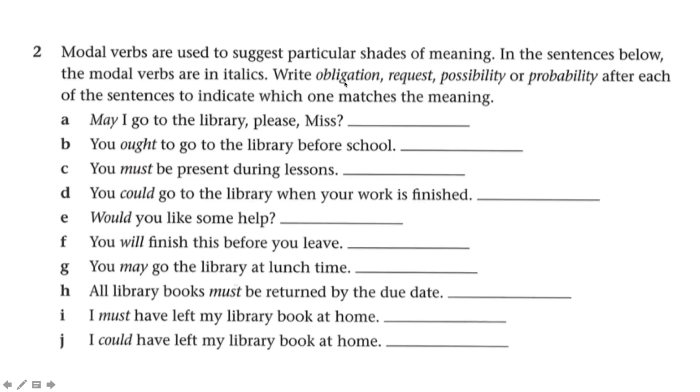Write obligation, request, possibility, or probability after each of the sentences to indicate which one matches the meaning. So all of the modal verbs have been provided for you and they're highlighted in italics. All you need to do is write the level of modality.